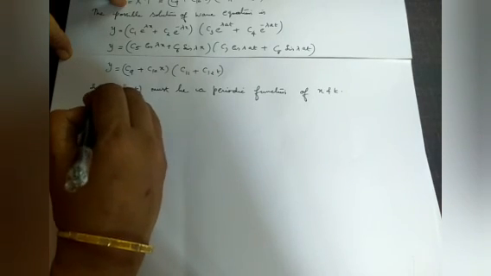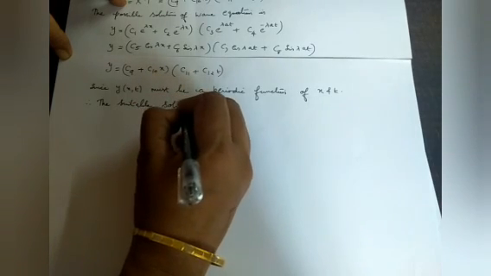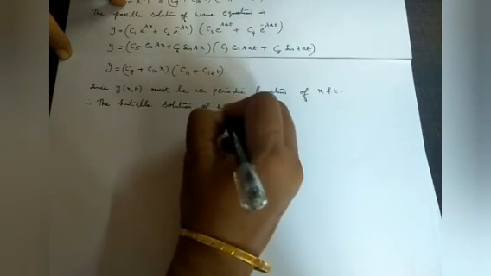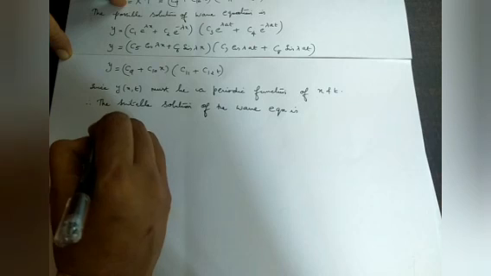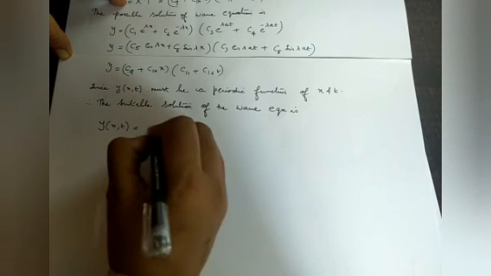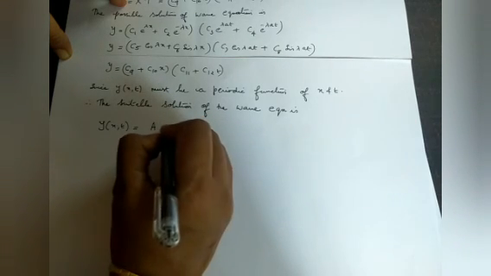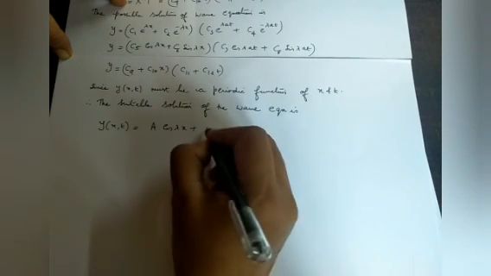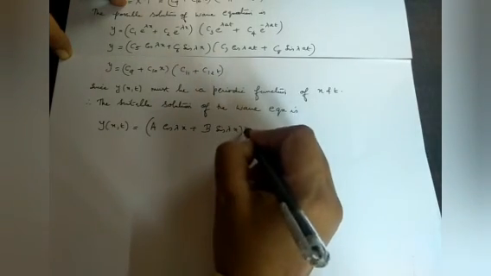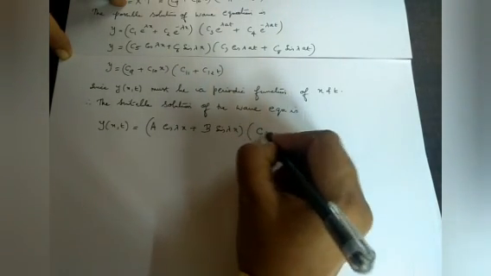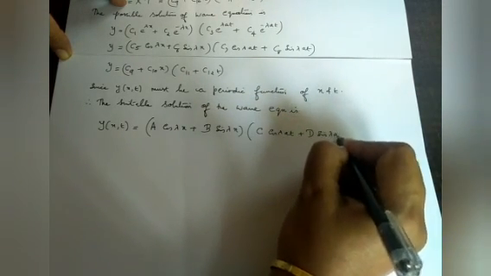Therefore, the suitable solution of the wave equation is the second one, that is y of x t is equal to, in the place of c5 we can write a cos lambda x, in the place of c6 we can write b sin lambda x, into, in the place of c7 we can write c cos lambda a t, plus in the place of c8 we have d sin lambda a t.